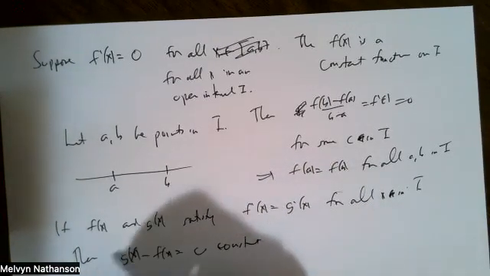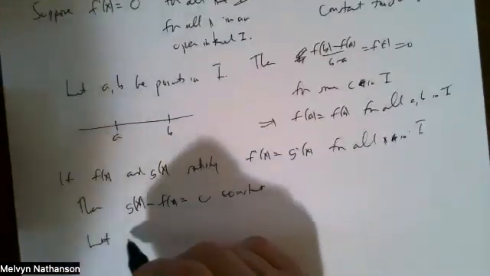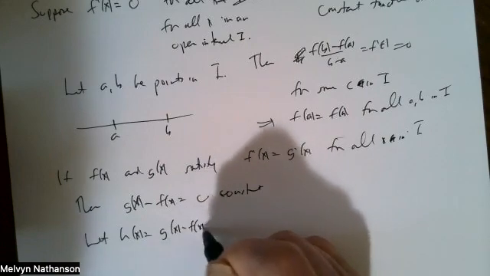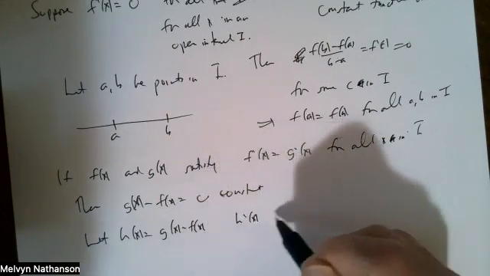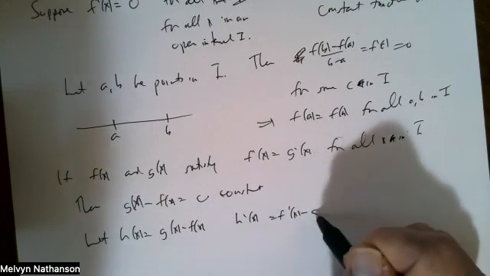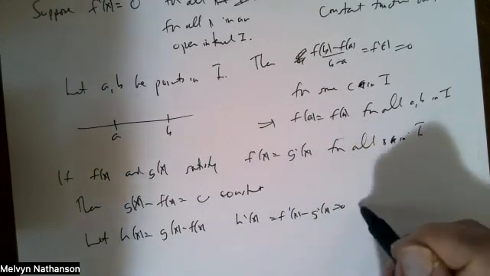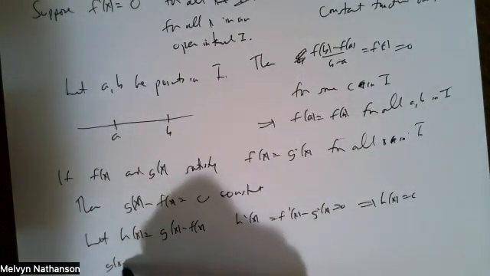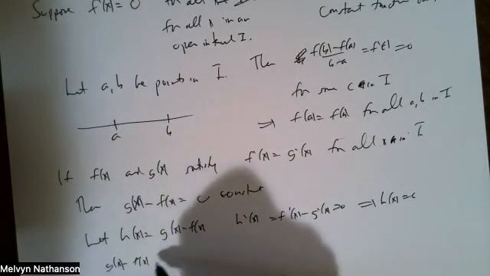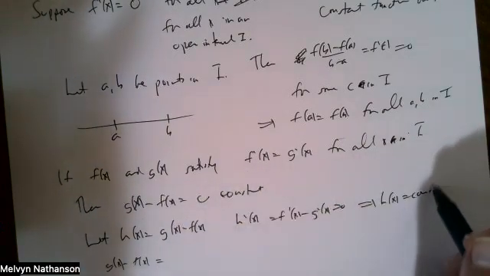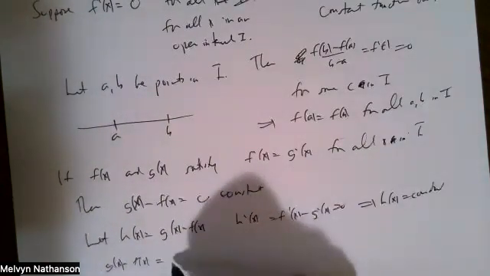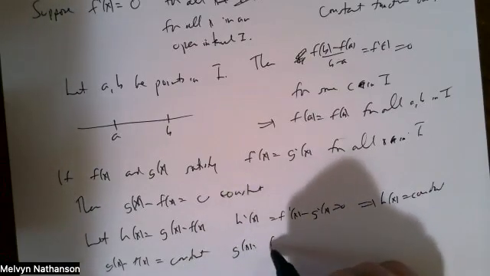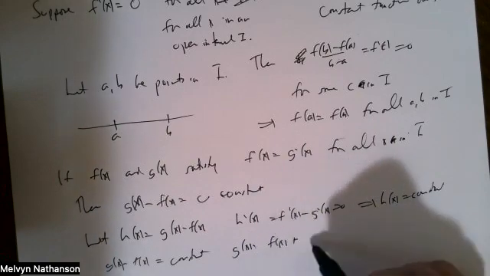And the proof is that if we let h of x be the function g of x minus f of x, then h prime of x is g prime of x minus f prime of x, which is 0. So h of x equals a constant. So g of x minus f of x equals this constant. So g of x is always f of x plus the same constant.